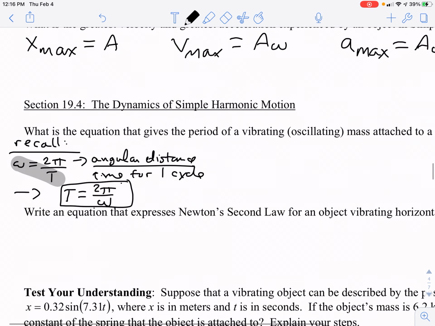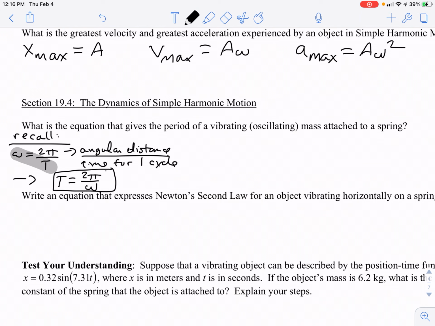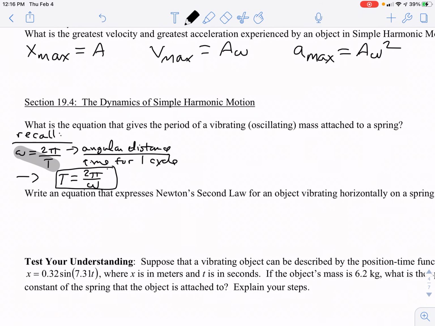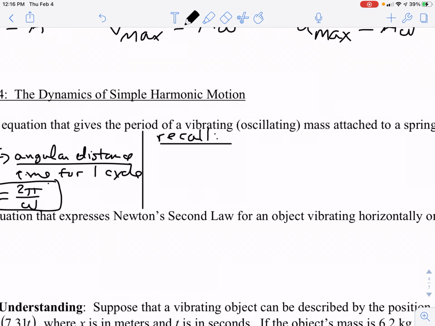Now we're going to use this to derive the next equation. Okay, so follow along with me, guys. Also recall that net force is equal to kx because objects in simple harmonic motion undergo a restoring force that acts opposite to displacement.